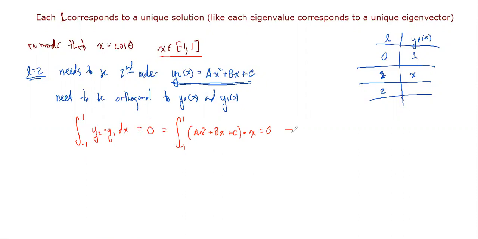So let me write it all out once. So we got a fourth over x to the fourth. Because this needs to be 0, the a and the c terms vanish naturally, the b term doesn't, because we got the minus 1. So this implies that b needs to be equal to 0.